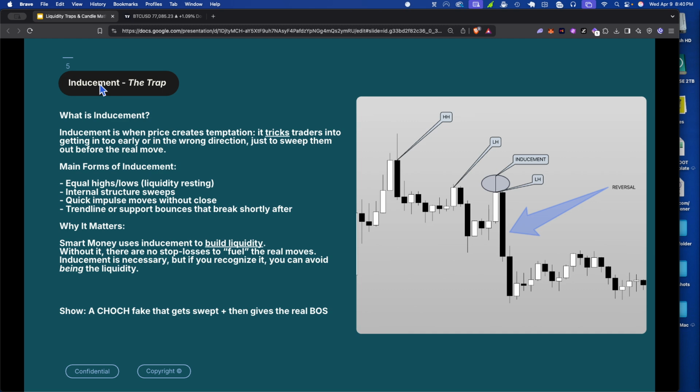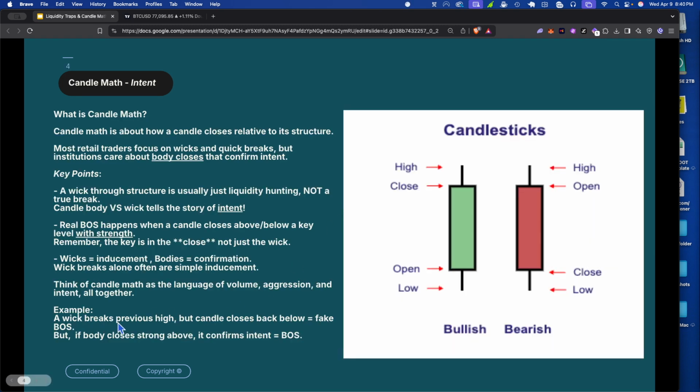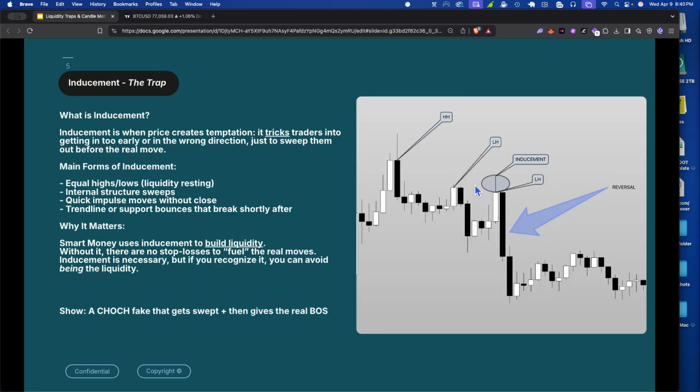So what is an inducement? We just made an example here. If a wick breaks the previous high but the candle closes below, that is a fake break of structure. And that's exactly what happens here, right? You can see we're going on a bearish trend here. We have a higher high, in this case because we were coming up from a lower perspective.